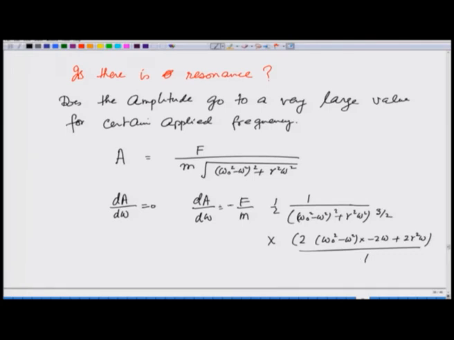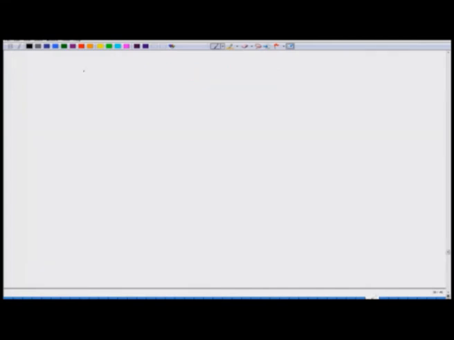And there is a minus sign, but we do not bother about that because this whole thing is to be made 0. And what that means is I am going to get 2 times (omega 0 square minus omega square) times minus 2 omega plus 2 gamma square omega equal to 0. And that gives me the frequency omega at which the amplitude goes to a very large value.